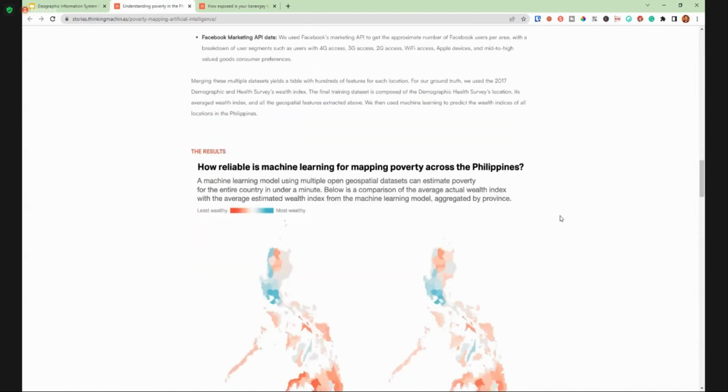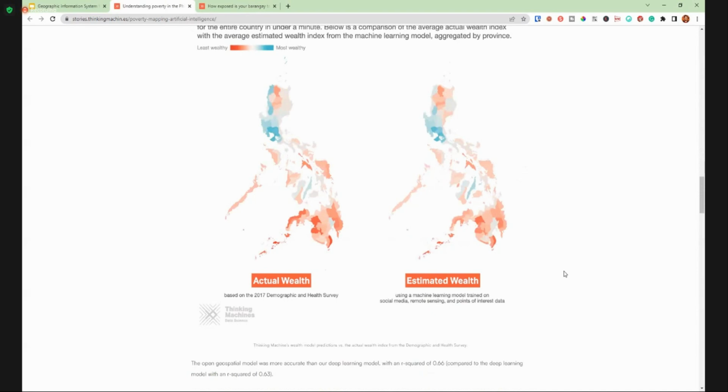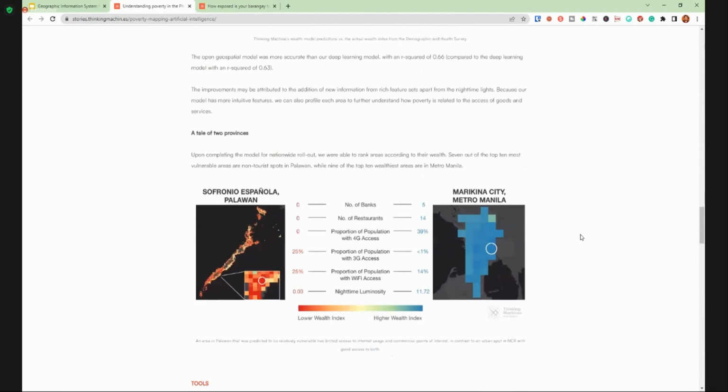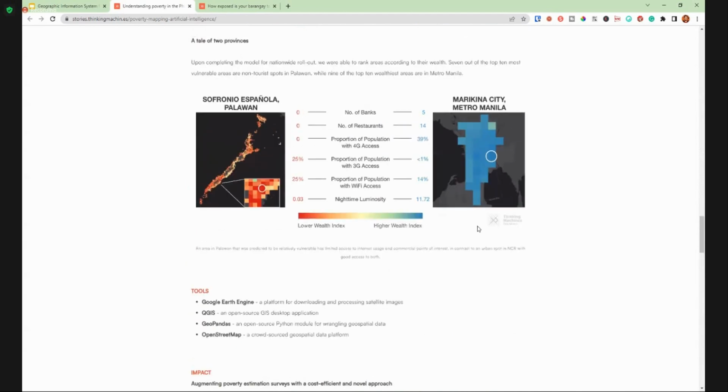Okay? So when we compared it with the actual wealth data produced in the 2017 Demographic and Health Survey, we were able to estimate it at almost exactly the same parameters and the same results. We were able to interpret it also.